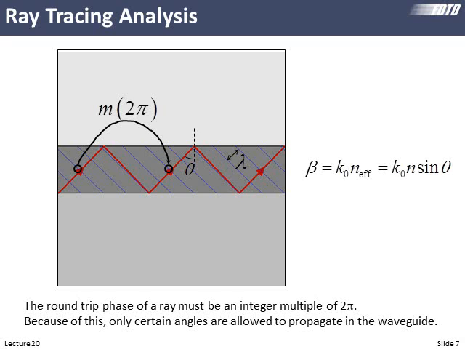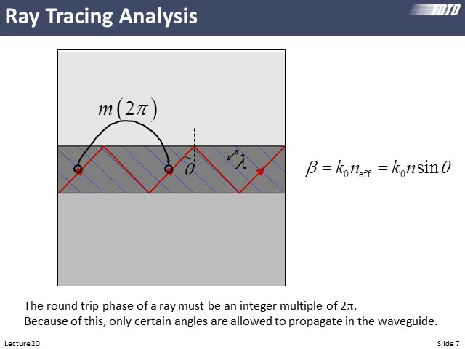Another thing we can get from a ray tracing analysis, we have to realize that if we look at the field at one point in its round trip and we go and we find that equivalent point, it has to accumulate an integer multiple of 2 pi phase from like point to like point. If it's anything other than an integer multiple of 2 pi, it interferes with itself, and in fact it leaks out of the guide.